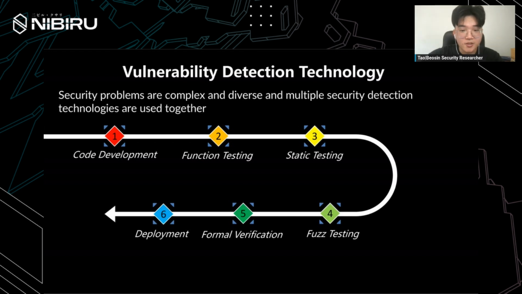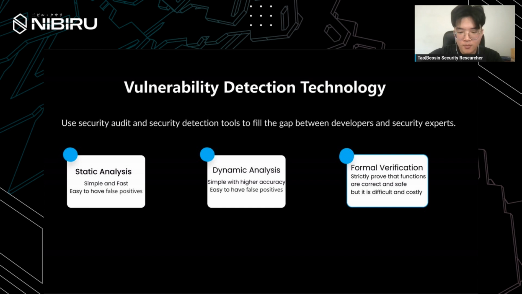Since you understand your business logic best, you can develop your own fuzzer and formal verification tool to secure your cross-border smart contract. You can use security audit and detection tools to fill the gap between developers and auditors.